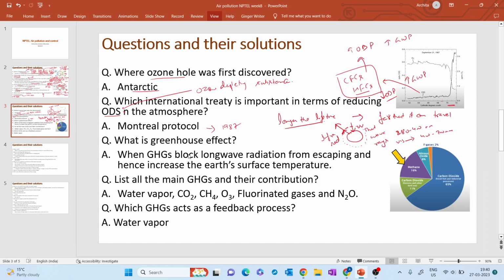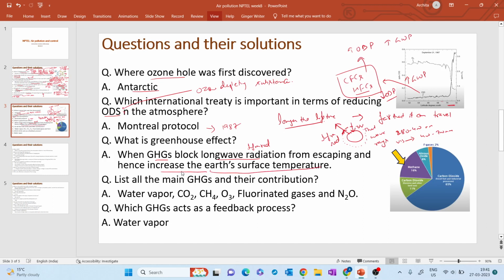These greenhouse gases take the long wave radiation, which is infrared, and become warm, and if every greenhouse gas is warming or blocking the infrared from going outside, the overall temperature of Earth will increase. That is the greenhouse gas effect.